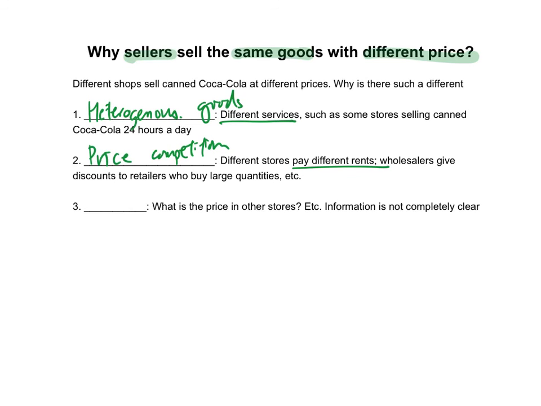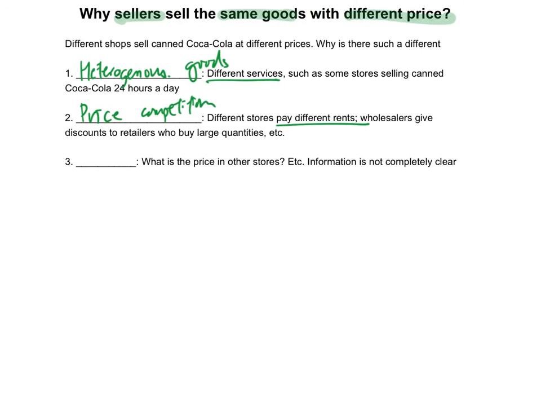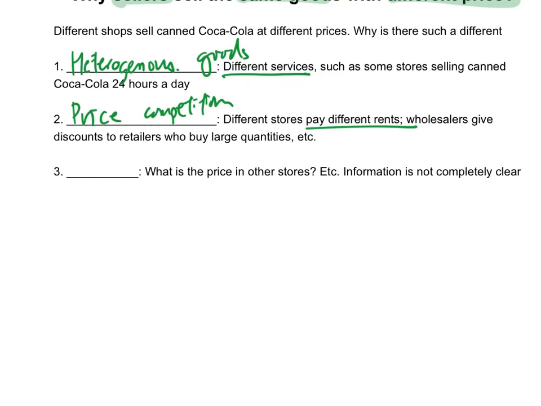And some will offer special discounts. And the last one: what is the price at other stores? Do we have perfect information? When we go to the shop, do we know the selling price of Coca-Cola in Wellcome or in other supermarkets? Actually, we do not know everything.